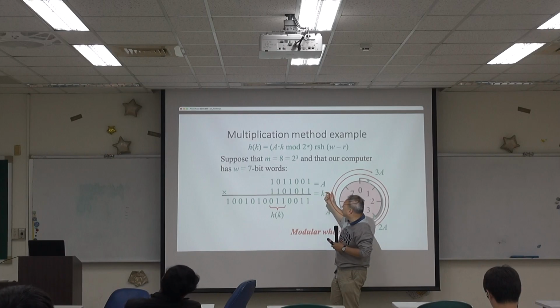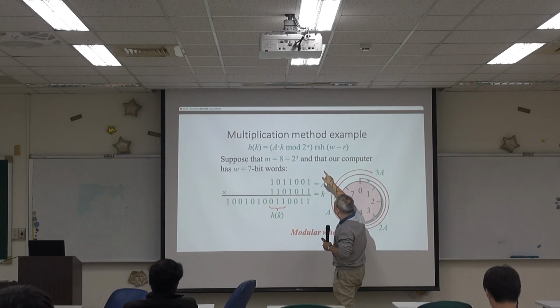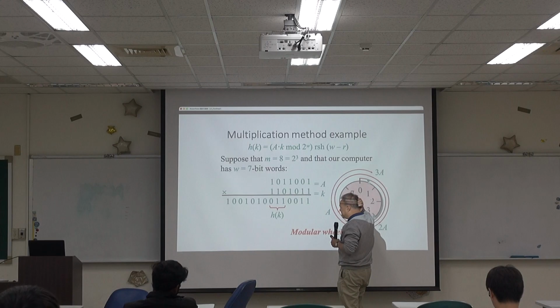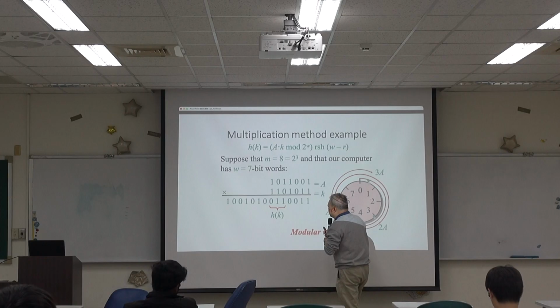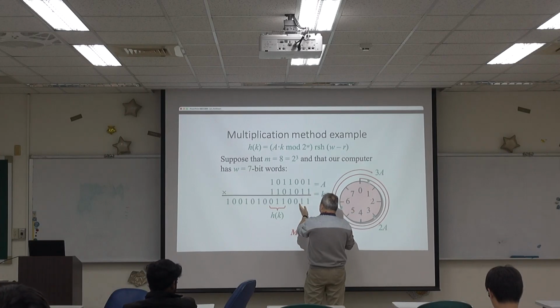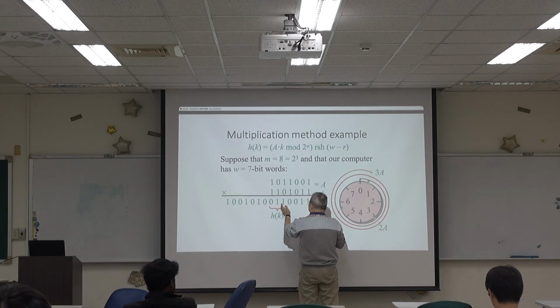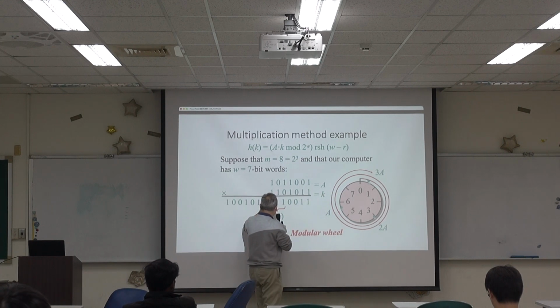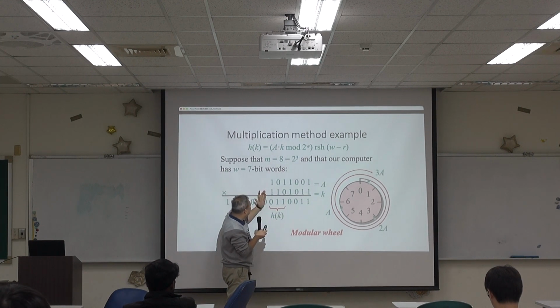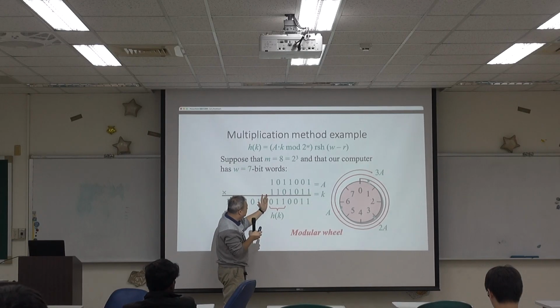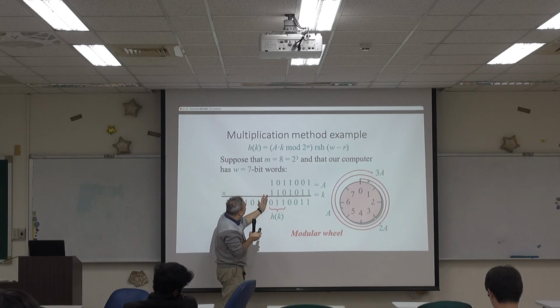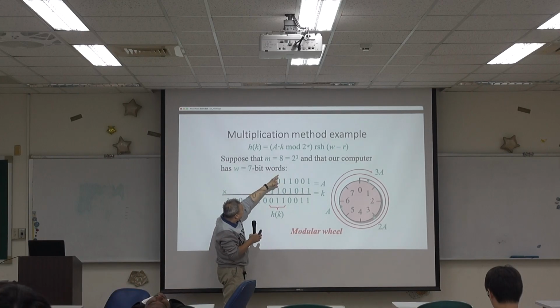So modulo 2 to the w means you only keep the last 7 bits, right? So what is RSH w minus r? Here r is 3, by the way.